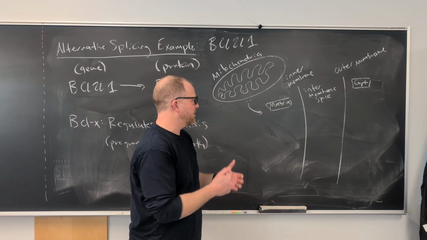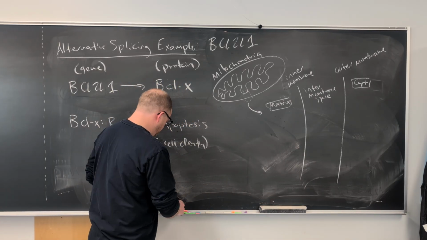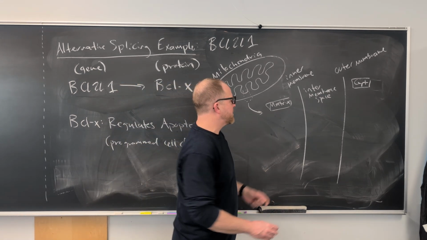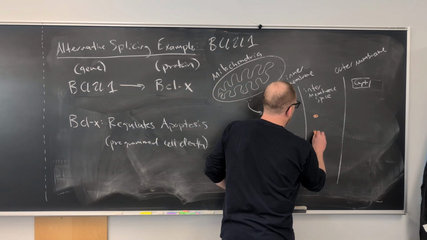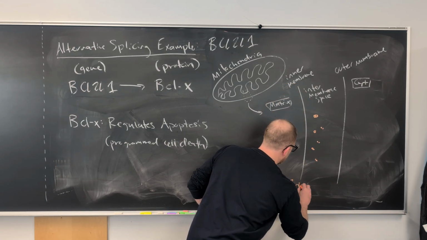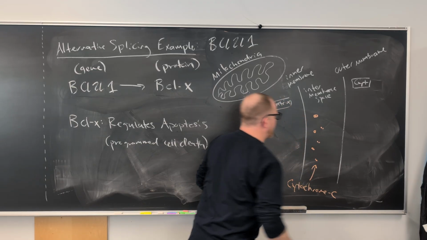The mitochondria is a complex structure, right? One thing I'll focus on here, I'll put this in orange, is that within the intermembrane space is a compound called cytochrome C. That's this little bit in orange.